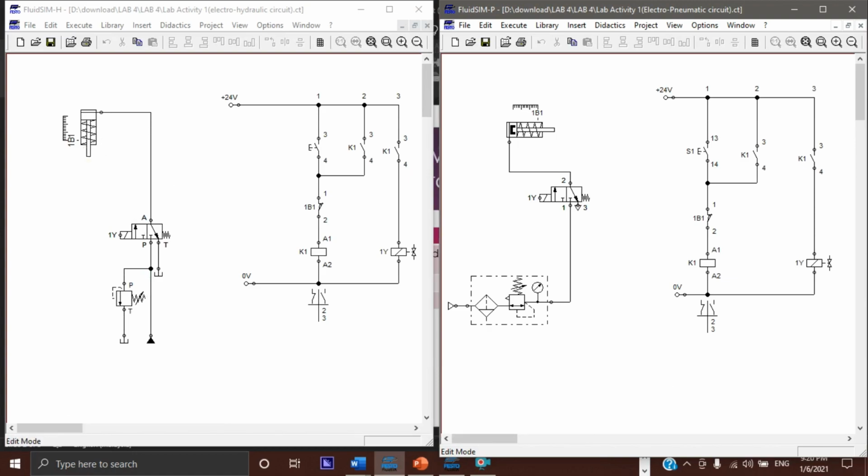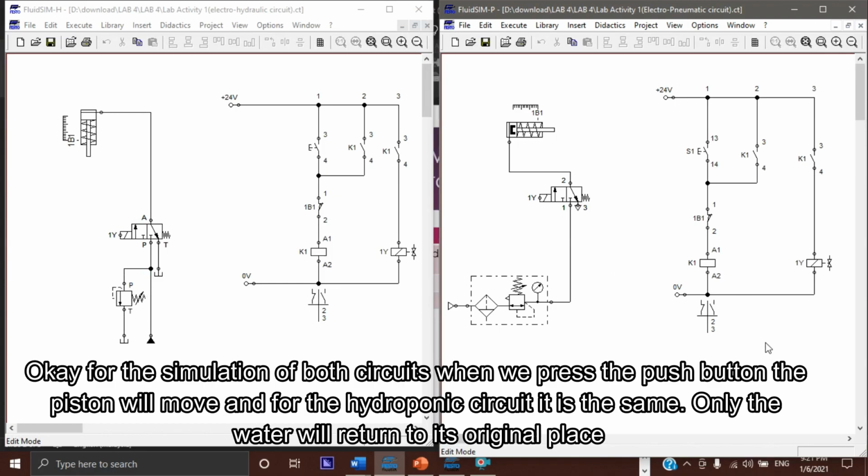Okay, for both simulations, when we start, we push the button, the piston will move from the right to the left, like that, and the air will go out from here.